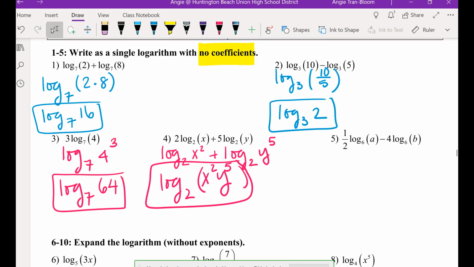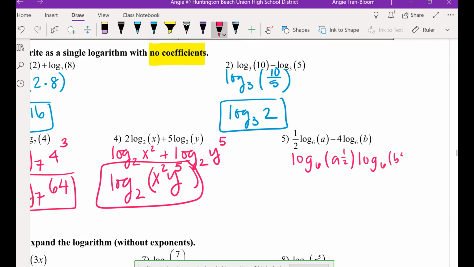Ainsley, are you ready for the challenge? Okay, I'm going to hand this to you. Ainsley's going to talk it out and write her work and answer at the same time. Can you use your finger, Ainsley, and move it over like this?